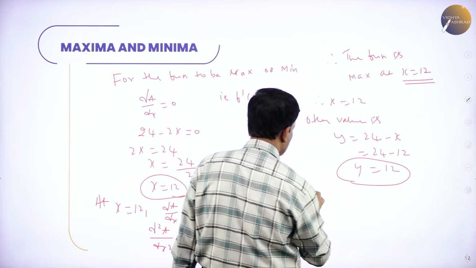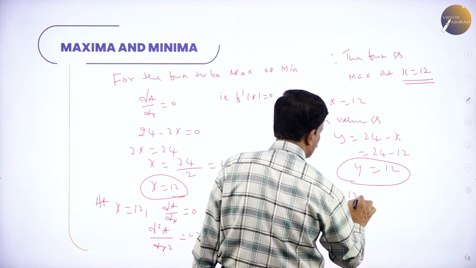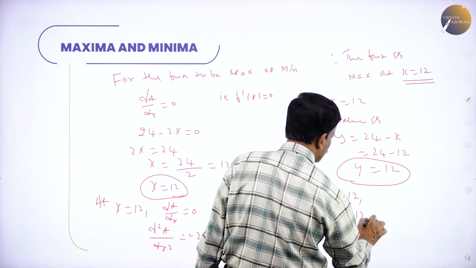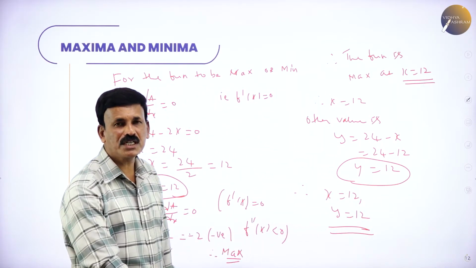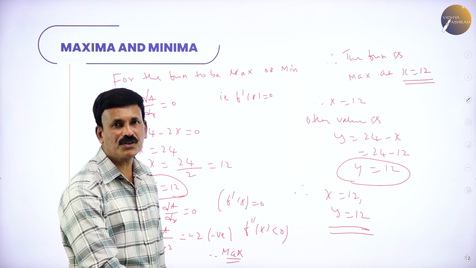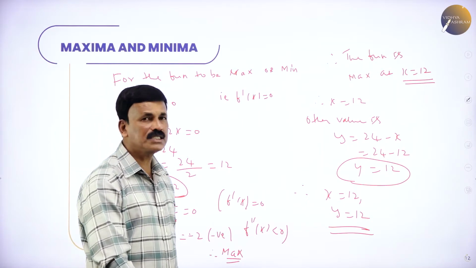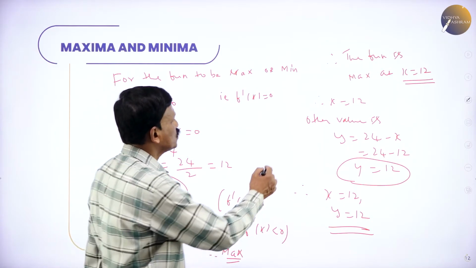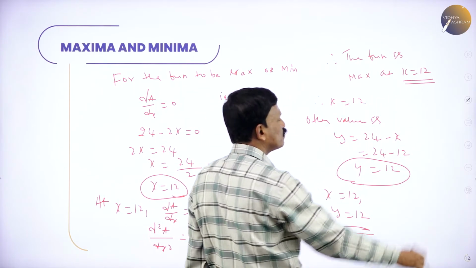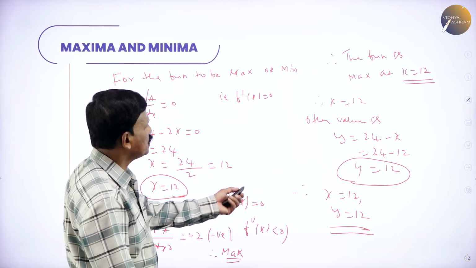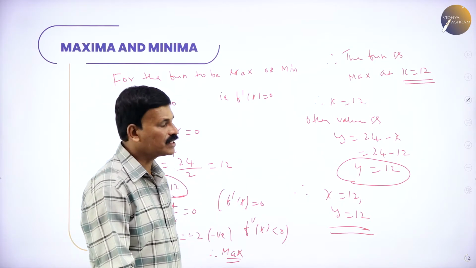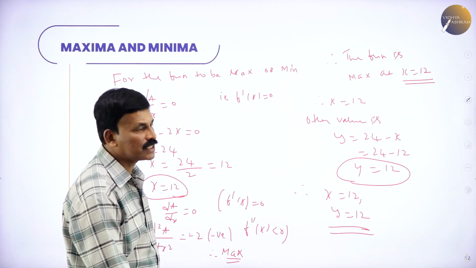So, the two values are x is equal to 12 and y is equal to 12. If you add, the sum of the two numbers is 24, and if you multiply, the product is 144, which is as large as possible. When x is equal to 12, the function is maximum, and the maximum value is got by putting x is equal to 12 in equation number 1, that is y is equal to 24 minus x.